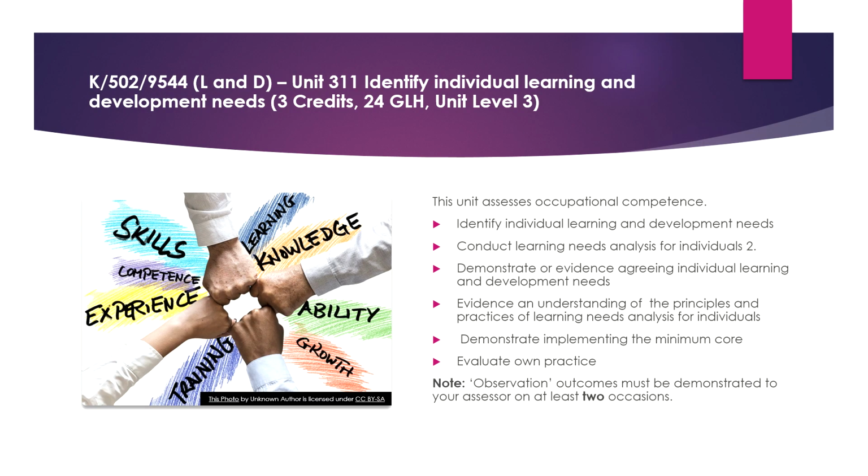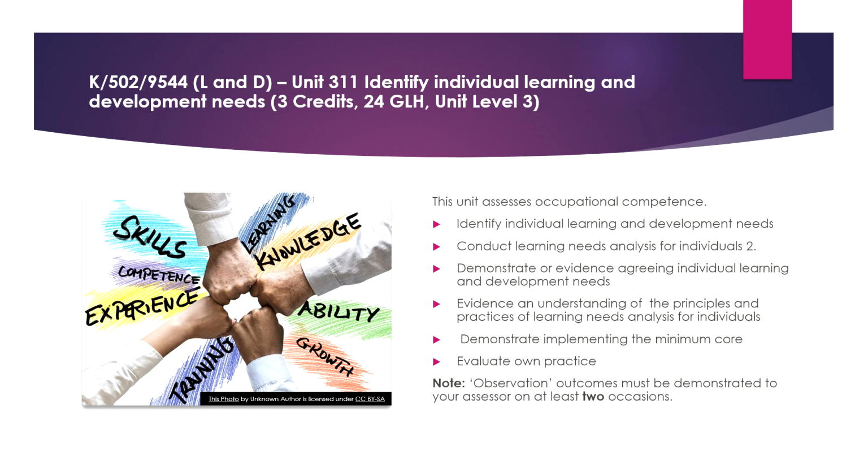The other unit now among the optional units is to identify individual learning and development needs. As you can see, they cross over each other. And this one is to do with assessing your occupational competence. And we are looking at the actual work that you did.